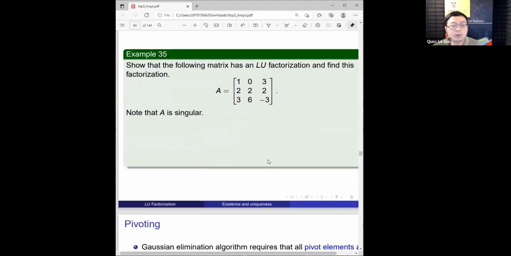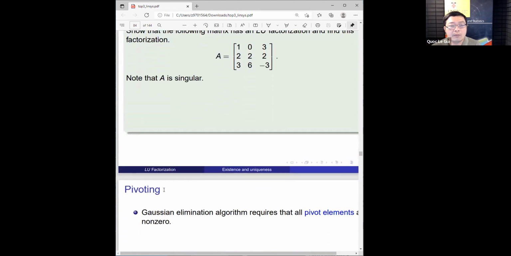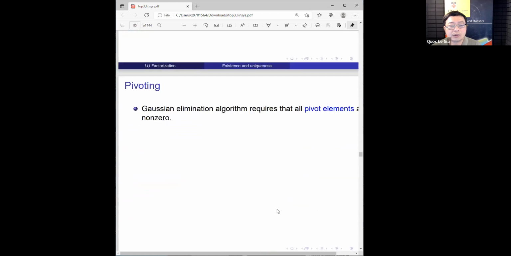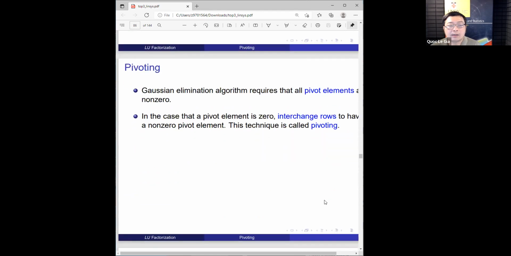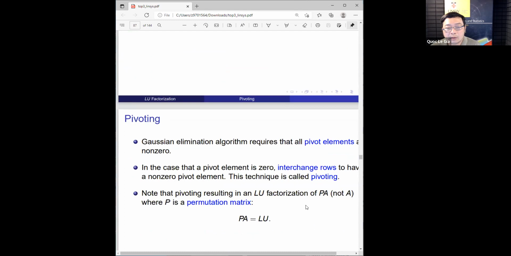Swapping the rows has a name: it's called pivoting, so that pivot elements are non-zero. You interchange or swap the rows, and this technique is equivalent to multiplying a permutation matrix by the original matrix.